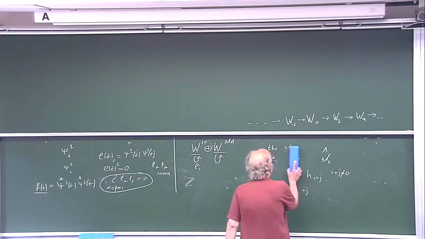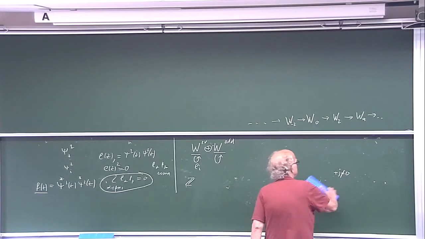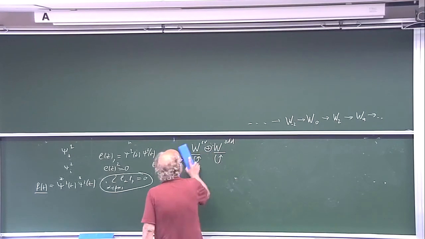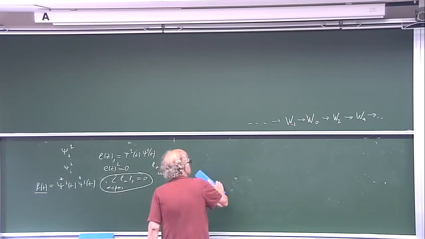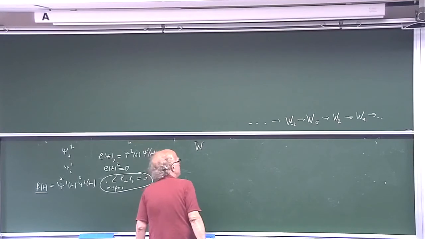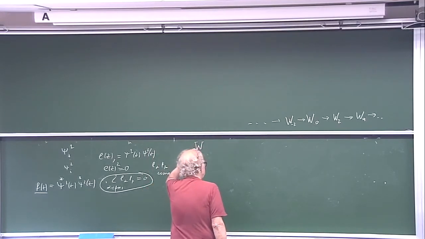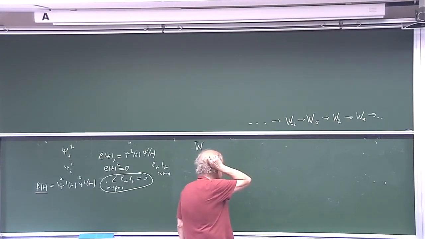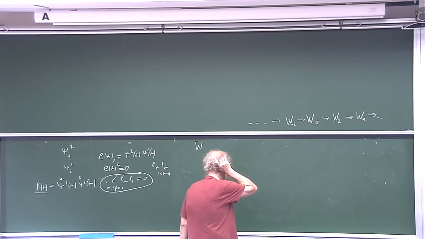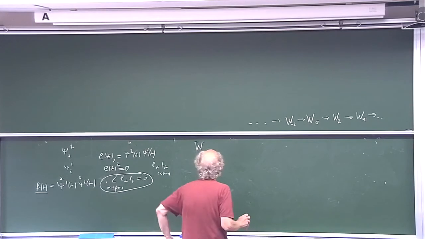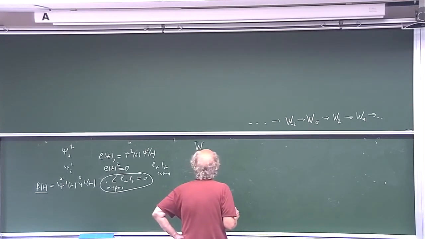Now, what else is going on? Let us consider my W, and let me draw the picture of what is called the weight diagram of the fundamental representation.